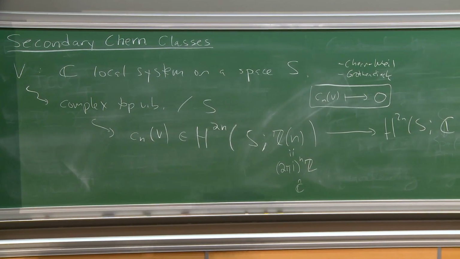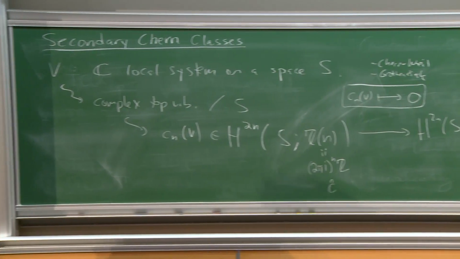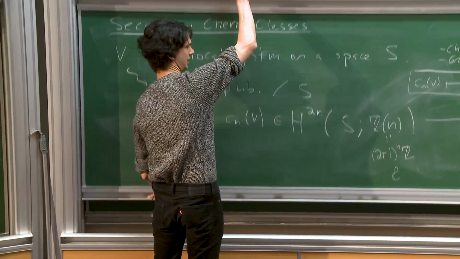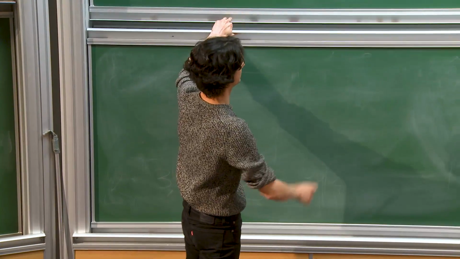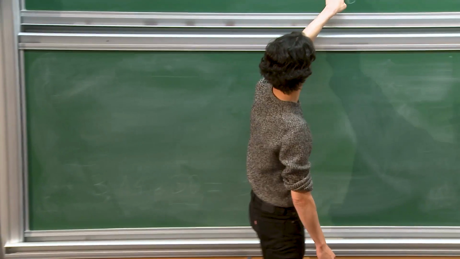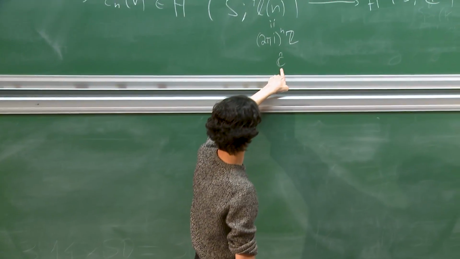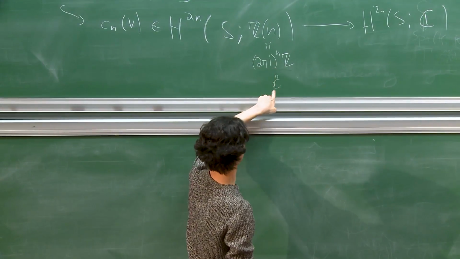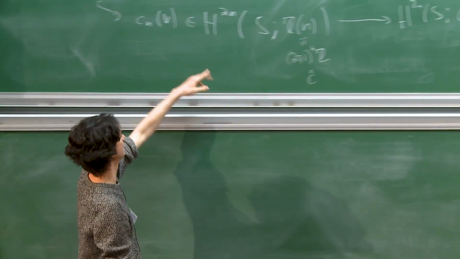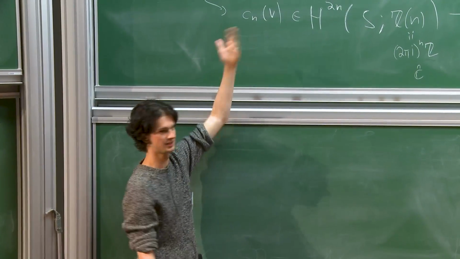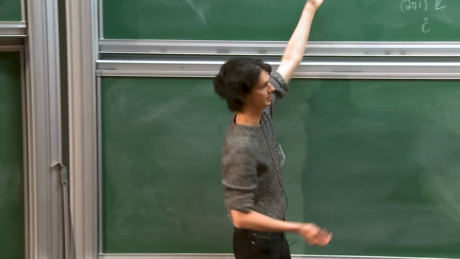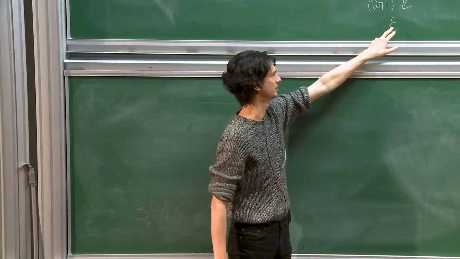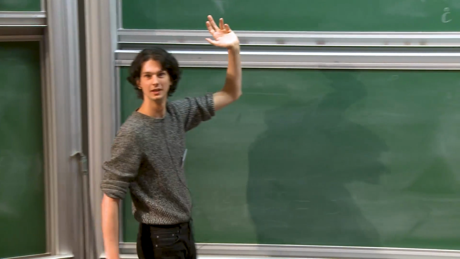Okay, but when this happens, then, if you think of the long exact sequence in cohomology associated to the constant sheaves Z(n) going into C and then the quotient, that means that this Chern class lifts, potentially non-canonically, to a class in degree 2n minus 1 with coefficients in C mod Z(n).